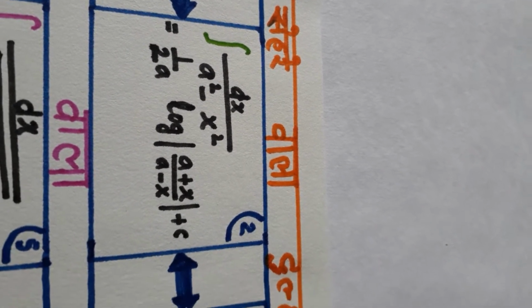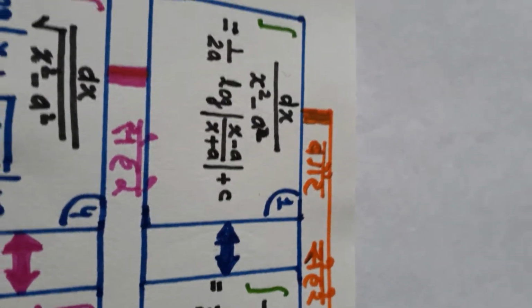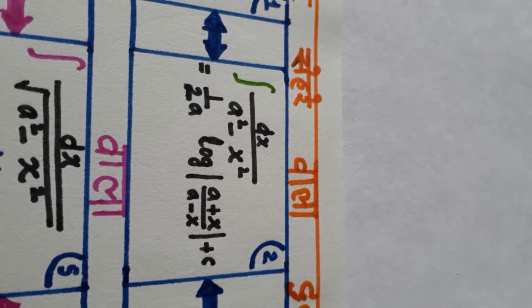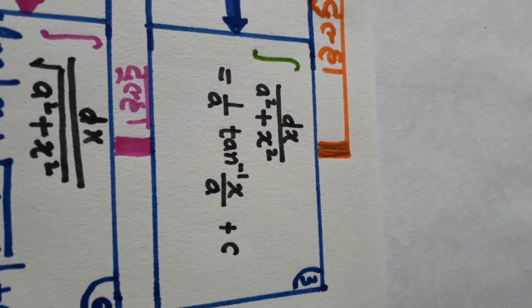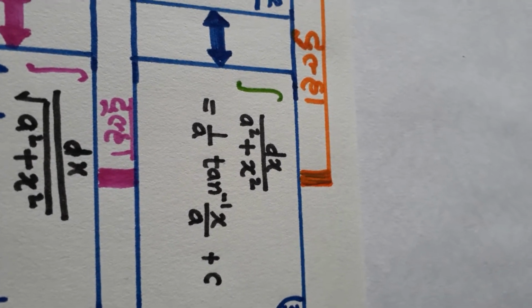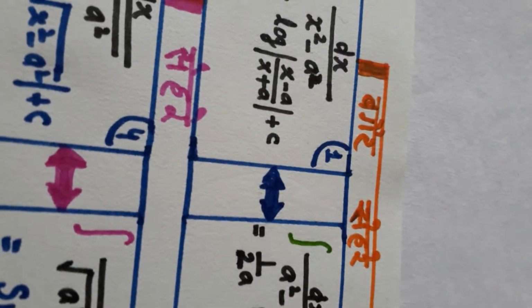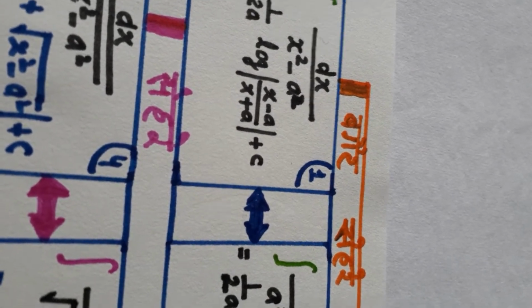Since these are 9 formulas, and they are our friends, they will be quite useful in solving many questions, and they will also have certain applications in definite integrals. So let us start one by one.